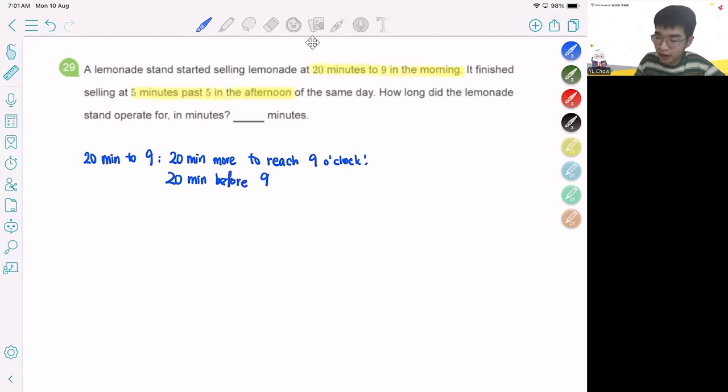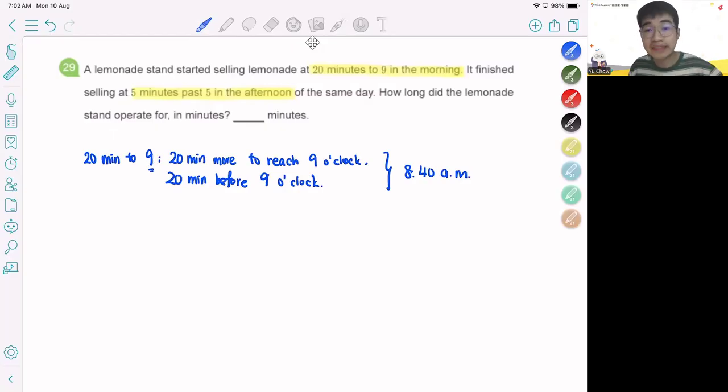Now take a look at your clock. If you want to go 20 minutes before 9 o'clock, what time will it be? It will be 8:40 a.m. Right? Okay, so that's the meaning of 20 minutes to 9. Just think about it as, how many minutes do you still need to reach your desired full o'clock?